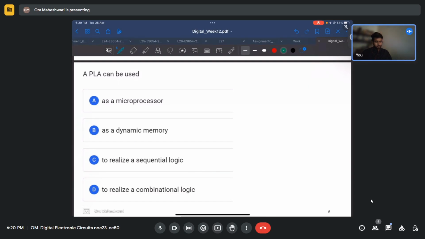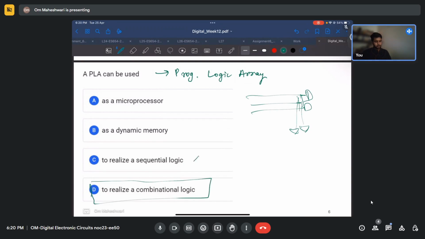So PLA is what? Programmable logic array. So it is a crossbar of AND OR gates. So basically it is used for realizing any combinational logic. Sequential logic we cannot make because it requires a clock, and dynamic memory. So this is just to realize combinational logic.